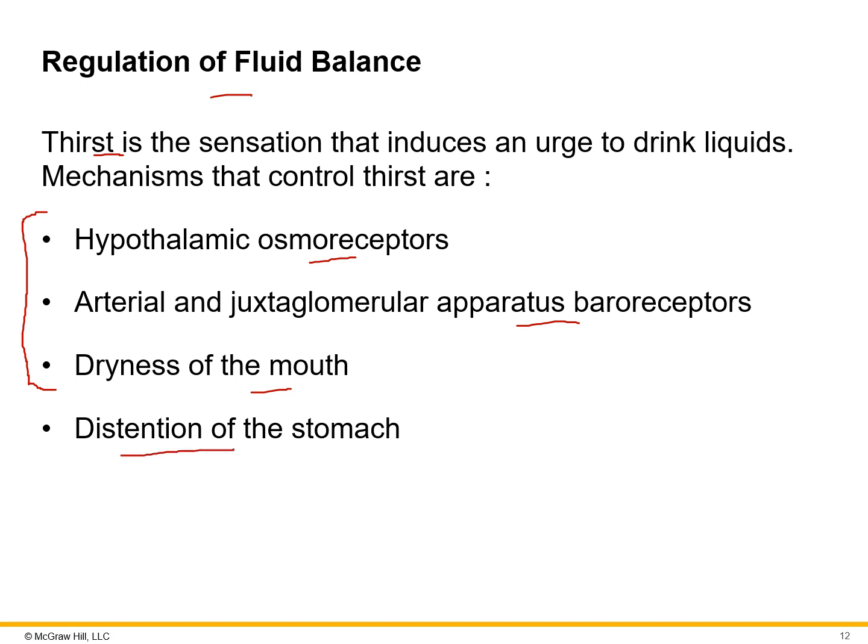Now, distension of the stomach, when our stomach gets too full, is actually going to inhibit the thirst reflex. We'll look at each of these a bit more in the next couple slides.